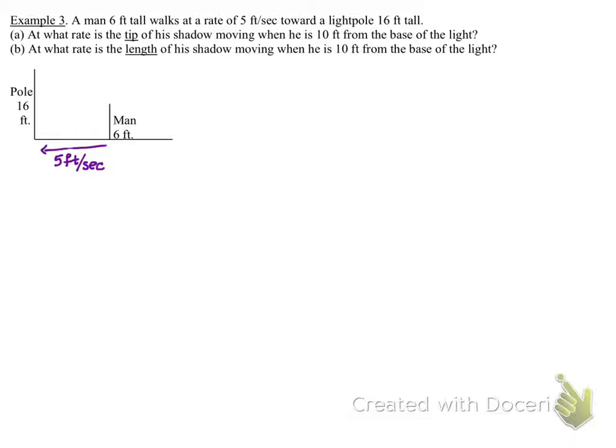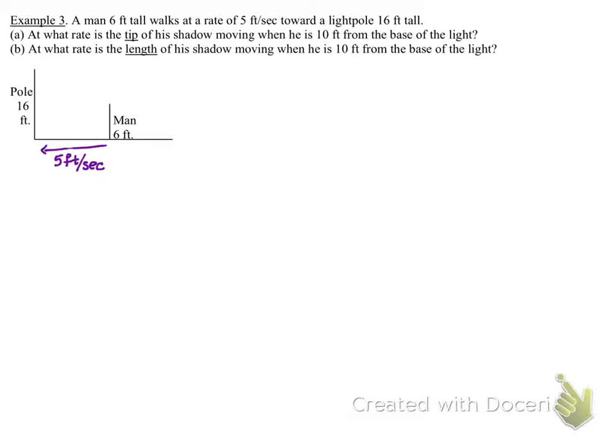At what rate is the tip of his shadow moving when he is 10 feet from the base of the light? At what rate is the length of his shadow moving when he is 10 feet from the base of the light?